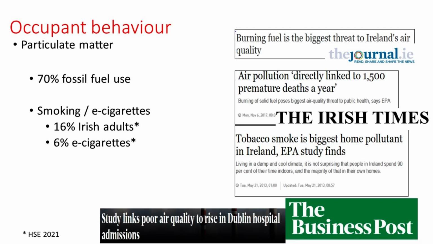Smoking is another activity, especially for tobacco-based products. When that occurs indoors, that totally dominates the particulate loading. And then, of course, we have e-cigarettes as well. And there are other activities like candle burning, incense, cooking. All of these activities generate particulates.